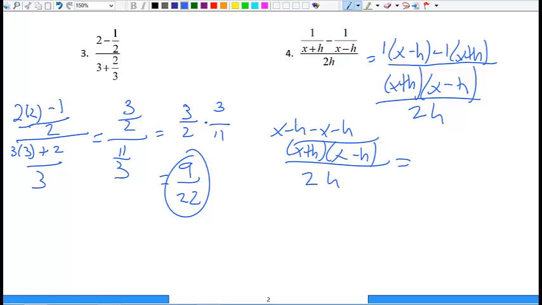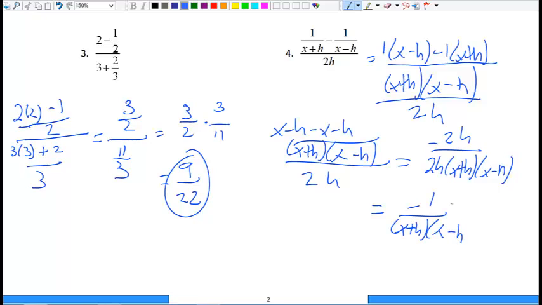And the x's cancel out, the h's give us negative 2h over, and then I'm just going to take advantage of one of our other rules where we're essentially going to drop down all the denominators. So 2h times x plus h times x minus h. And the 2h's divide out, so I'm left with negative 1 over x plus h times x minus h.